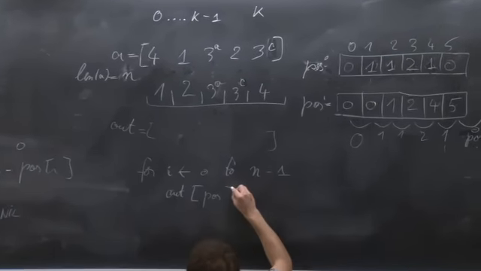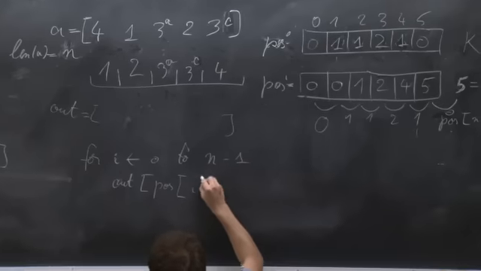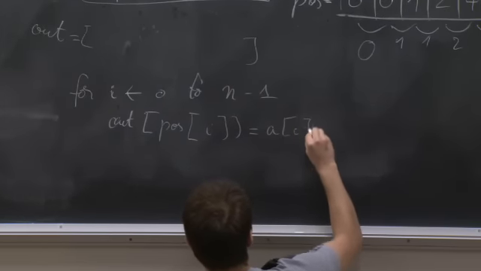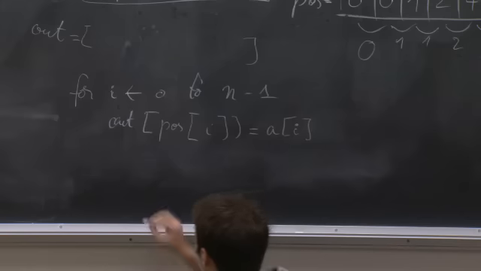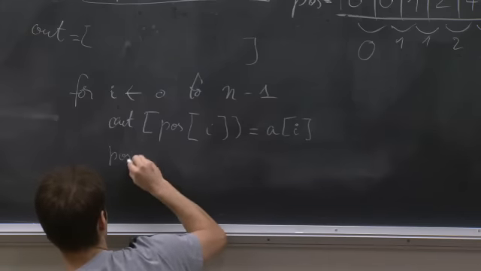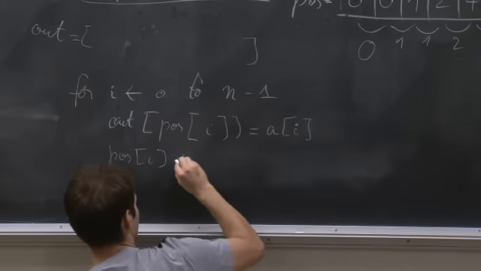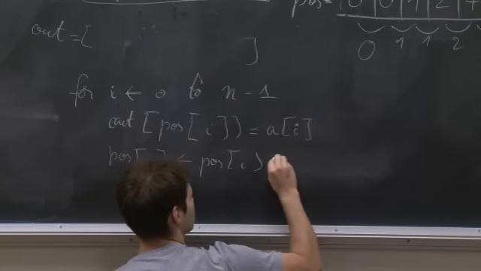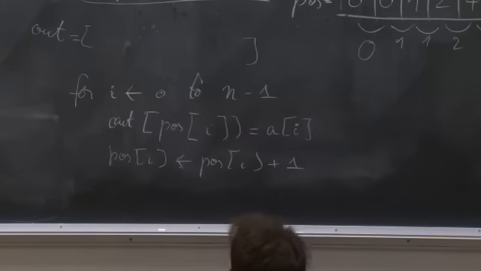So out of pos of I equals A of I. Okay. Pos of I plus, yeah. Yep. And I'm going to use the CLRS way, which makes me write more. Okay.